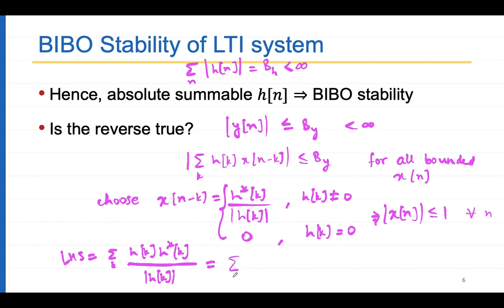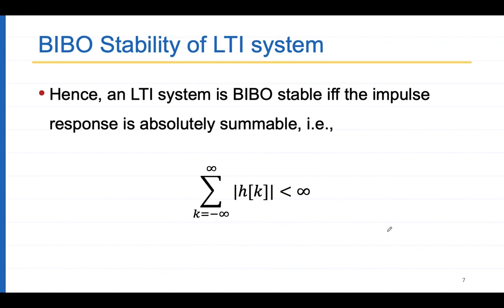So this becomes the summation over k of the modulus of h of k, and I'm saying that this LHS is less than or equal to By, which is less than infinity. This implies, basically we proved that BIBO stability implies absolutely summable h[n]. Hence, an LTI system is BIBO stable if and only if the impulse response is absolutely summable.